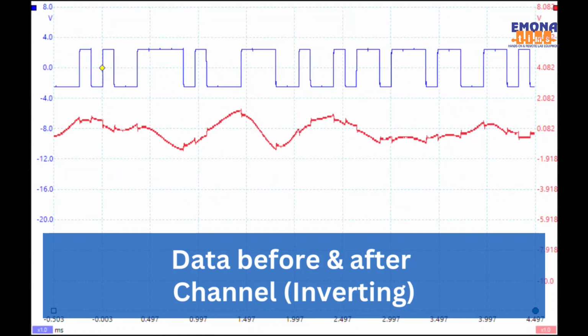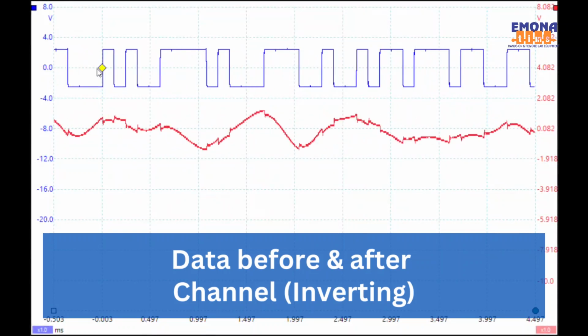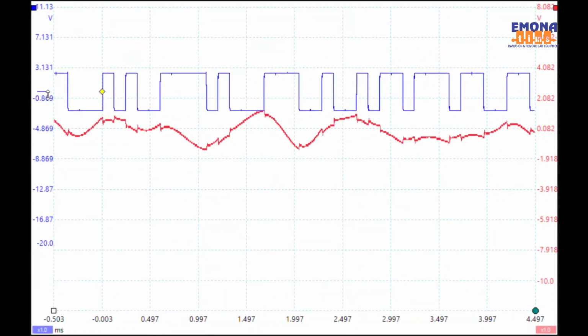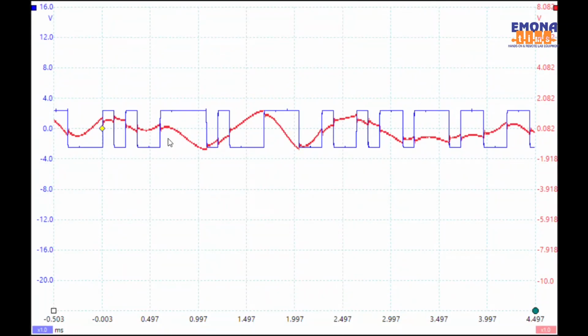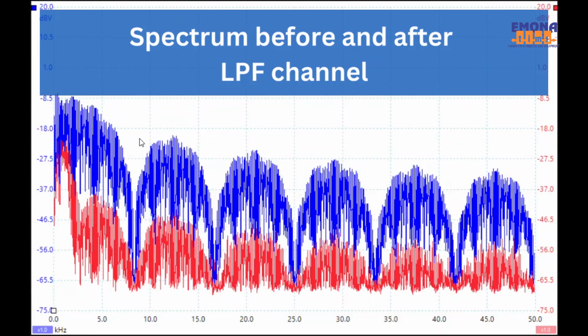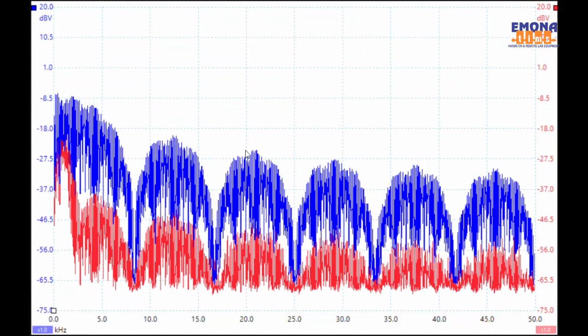You can see the effect the second-order low-pass filter has on the incoming bipolar data. The incoming bipolar data spectrum is strongly attenuated by the second-order low-pass filter.